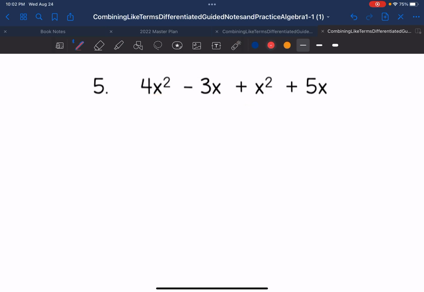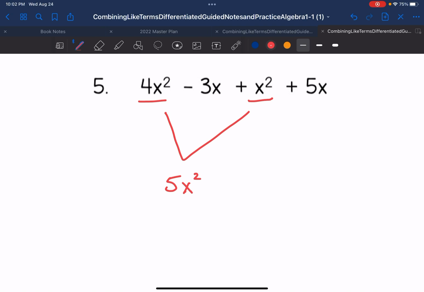I'm going to do this to show you another example of how we can highlight. I'm just going to put one underline with those. Remember, I have my imaginary 1, so it's like we're adding 4 plus 1. We're going to add those constants together, but our x squared is going to remain the same. So let me add those together. 4 plus 1 is 5.